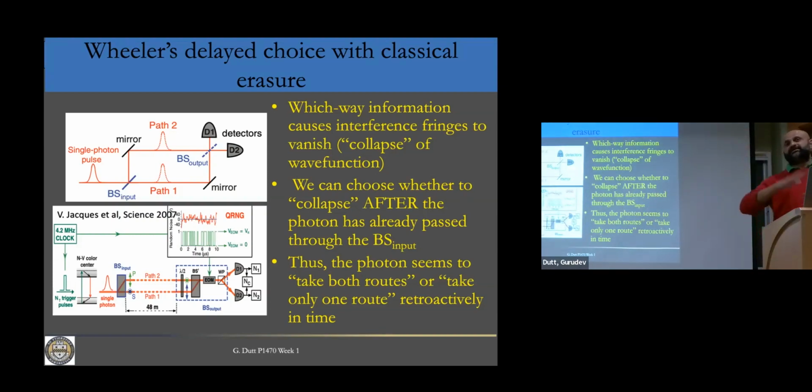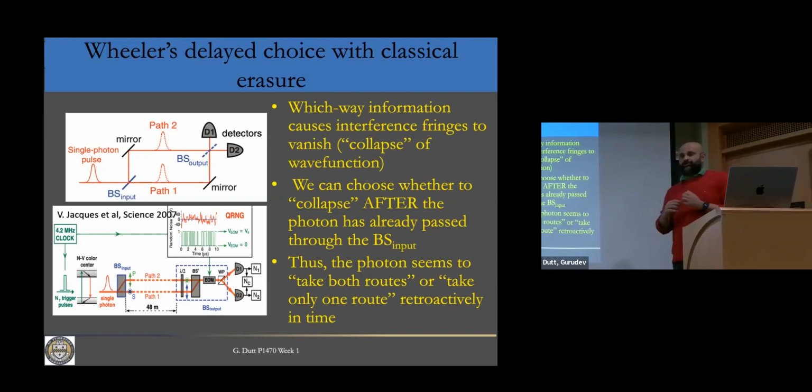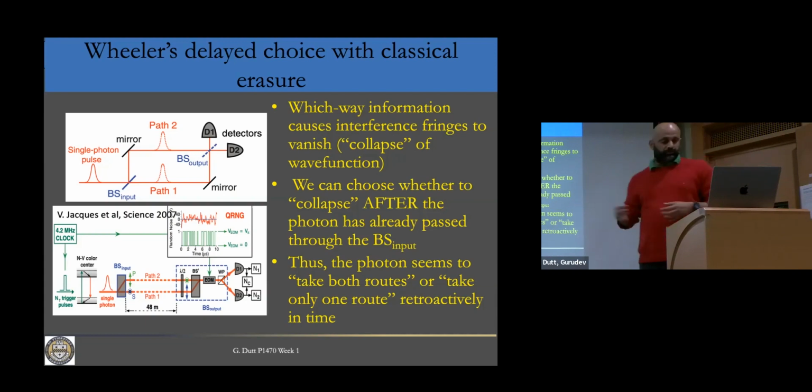And that choice, as I said, happens well after, so to speak, the photon already has gone through the interferometer or gone through the beam splitters, through the two double slits. So that's the basic principle of this experiment, and it confirms the quantum mechanical predictions.